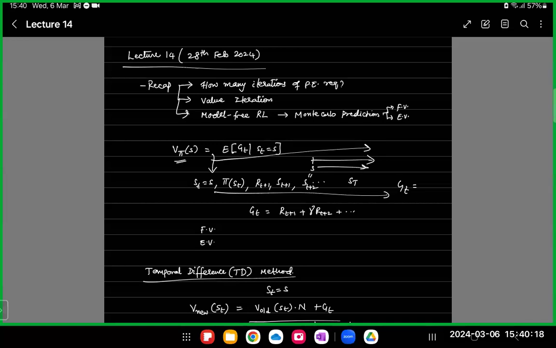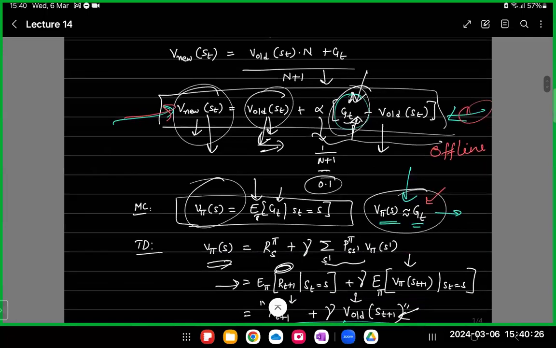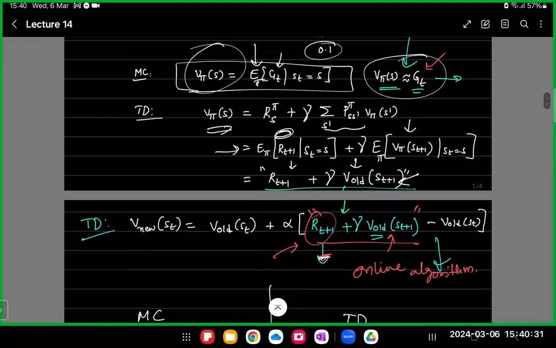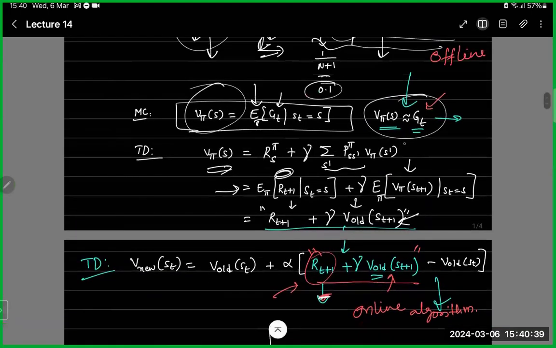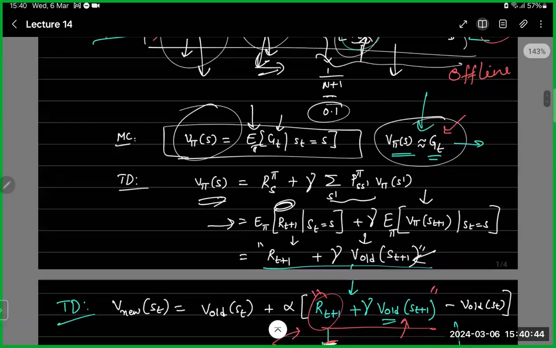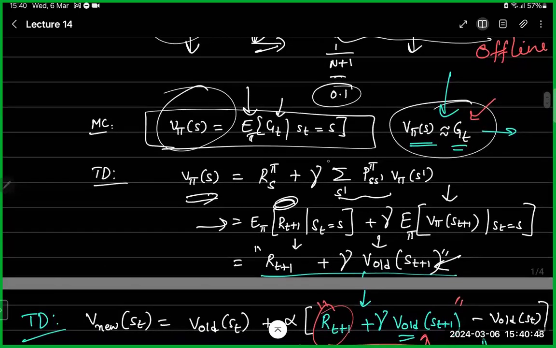And then we looked at what is called the temporal difference method. In this, we were using the Bellman expectation equation, which is this equation.